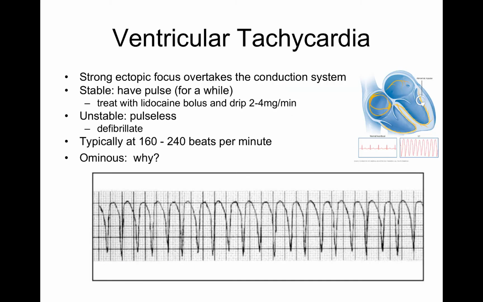Okay, now moving forward, we're going to talk about ventricular tachycardia. You have three strikes until you're out. You have your SA node, you have your AV node, then you have your Purkinje fibers that go down to the ventricles. When that overrides all of the other ones, we go into ventricular tachycardia, referred to as VTAC.